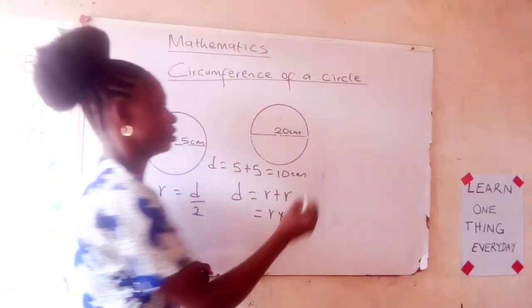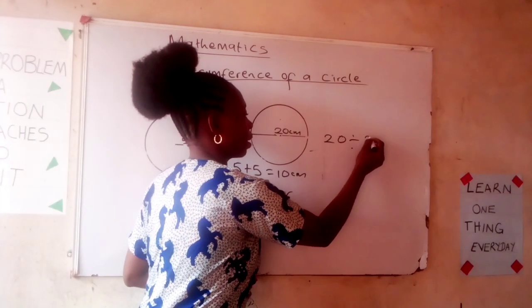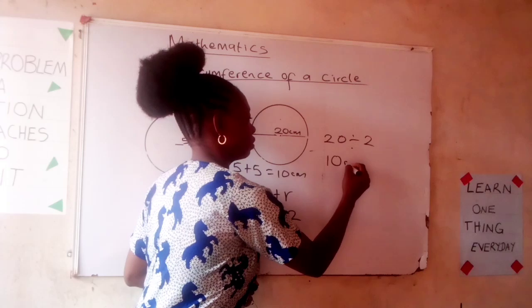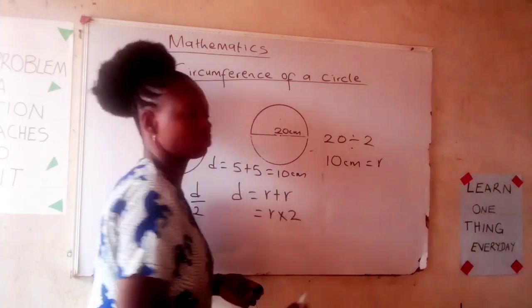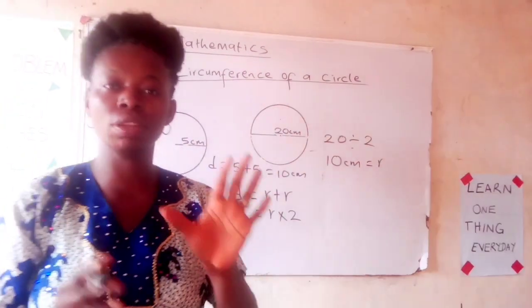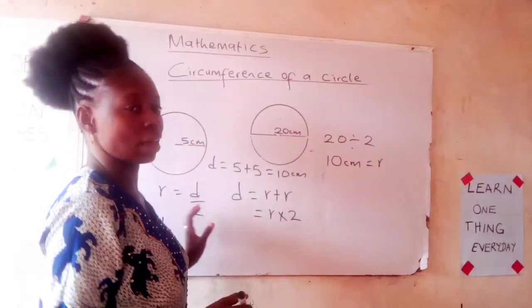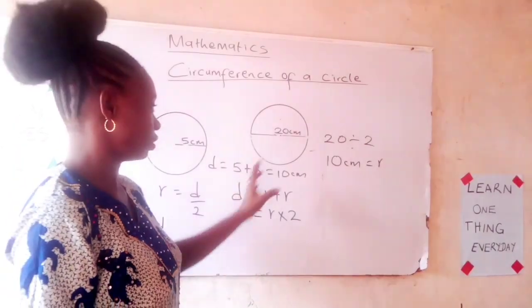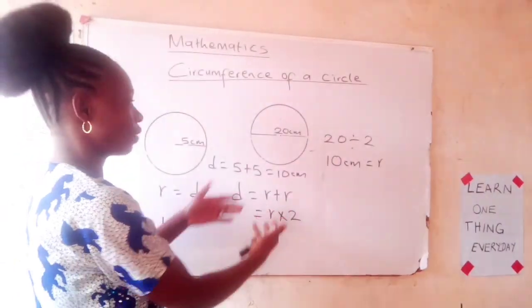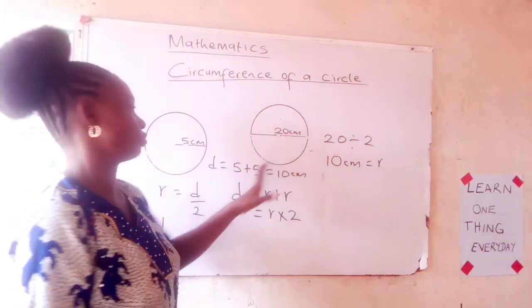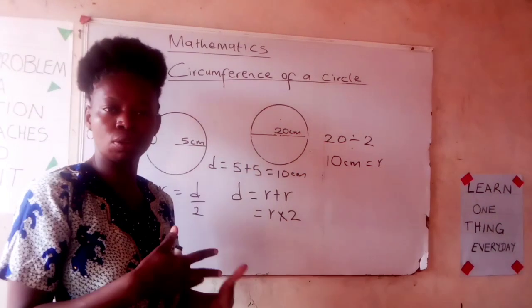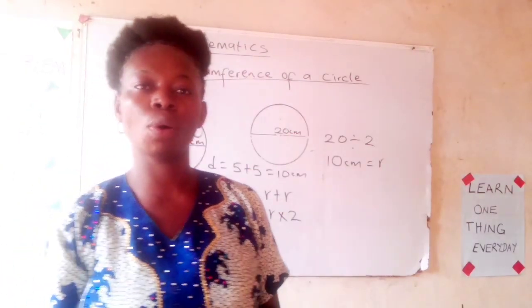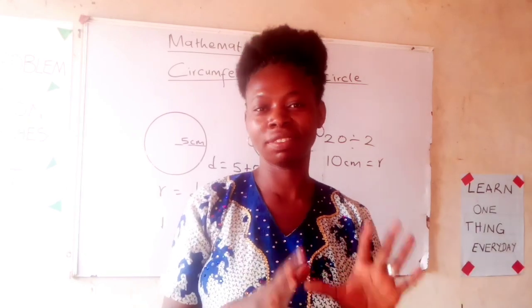What you simply do is 20 divided by 2, which will give us 10 cm, which is our R. So you can see the relationship between R, which is radius, and D, which is diameter. R is half of diameter. Diameter is twice R. Having known this concept, we can now go on to solve for circumference.